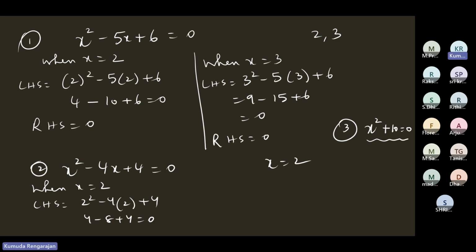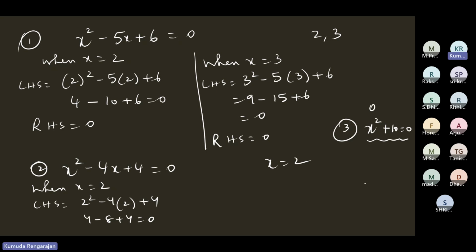That's because whatever be the value of x, whether positive or negative, when you square it, it's going to become positive. So this positive value of x squared plus 10 will be another positive value. It cannot be 0. x squared will always be positive, or x squared can be 0.